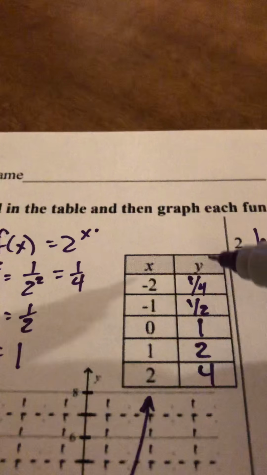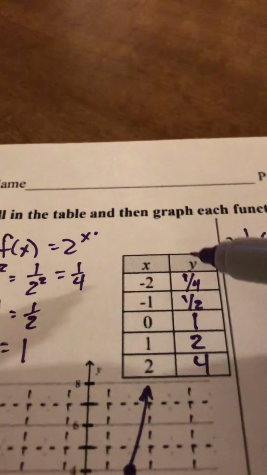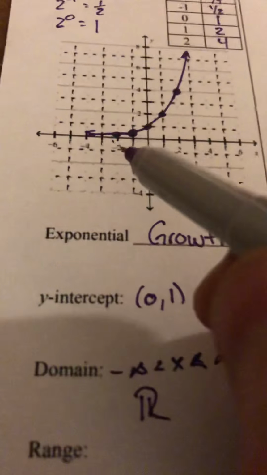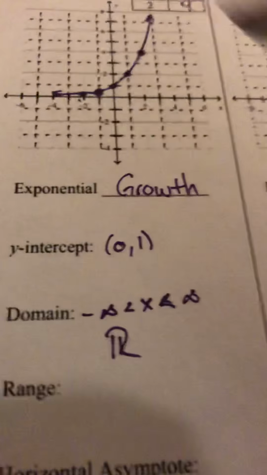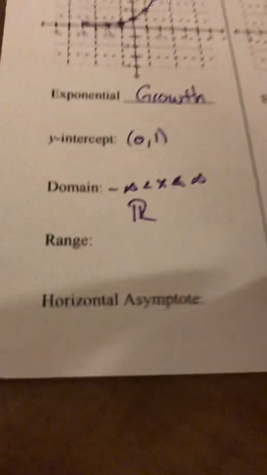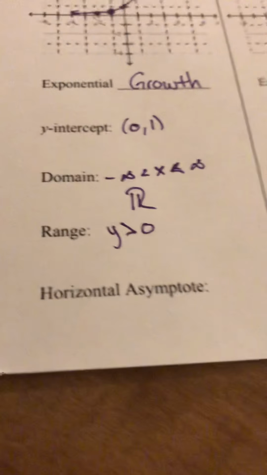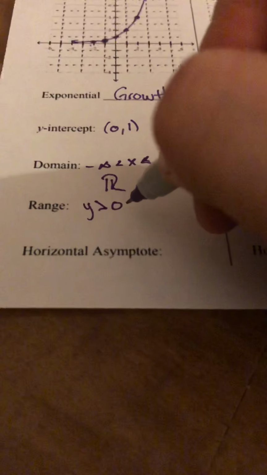So it will never actually get to 0. It just keeps dividing by 2. So our graph keeps getting closer and closer to 0, but never actually touches 0. So your range is y greater than 0, but not equal to. You can't put the equal sign there because it never actually equals 0.